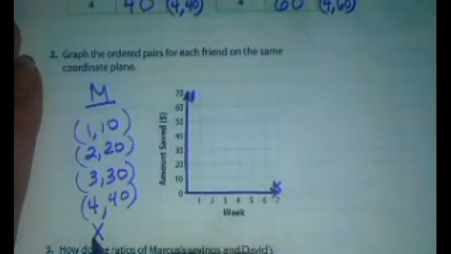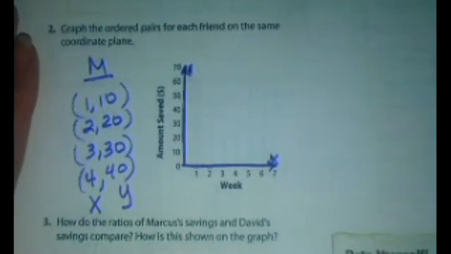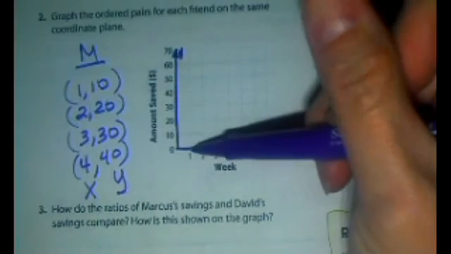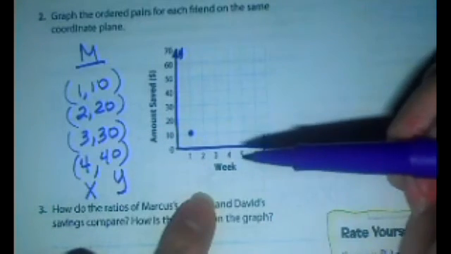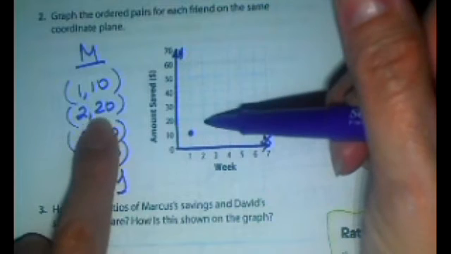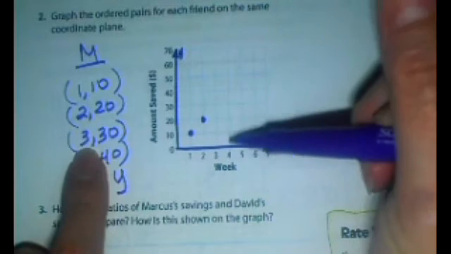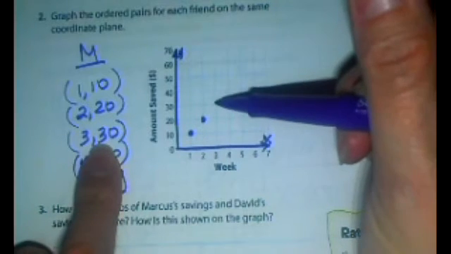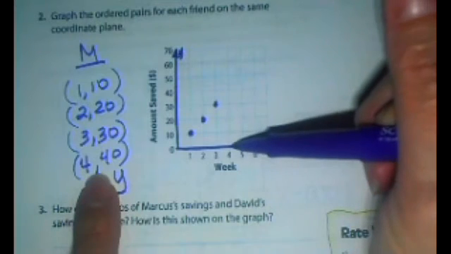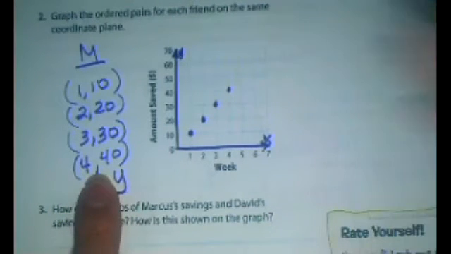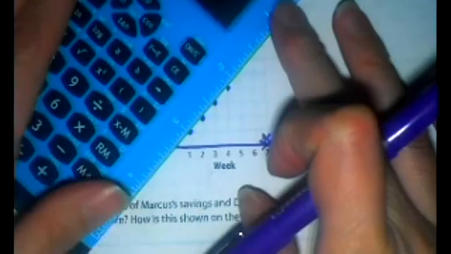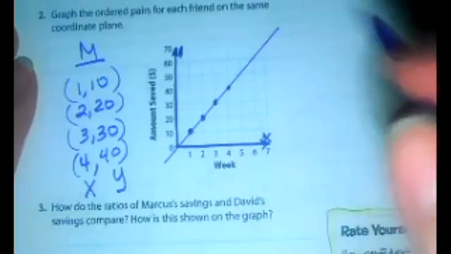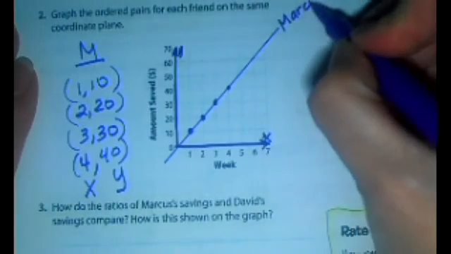The first number is our x, and the second number is our y. So 1 on the x and 10 on the y. 2 on the x, 20 on the y. 3 on the x, 30 on the y. 4 on the x, and 40 on the y. So if we took a ruler, these points that are connected, these are Marcus.